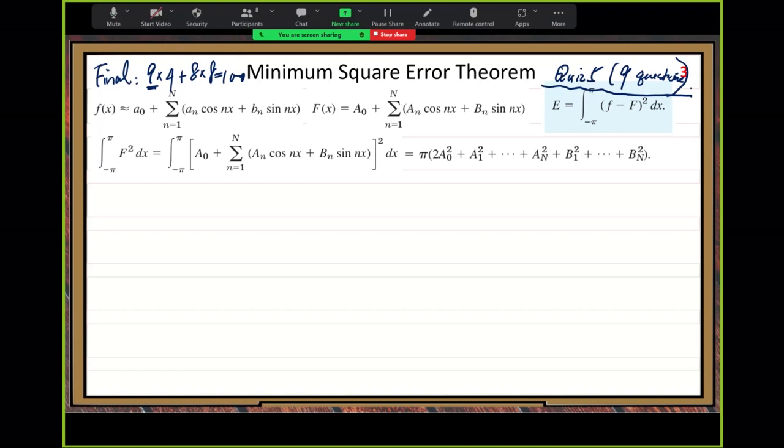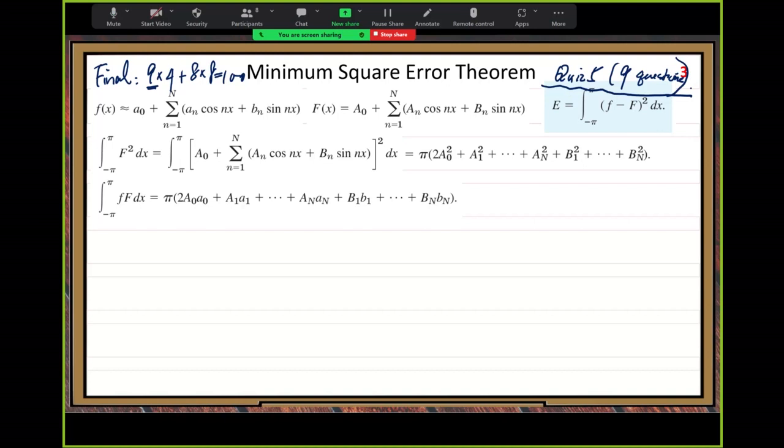Then another one: little f times capital F. By the definition of the Fourier series, little a Fourier series, we do the integral, so you get these little a Fourier series representations, one by one.